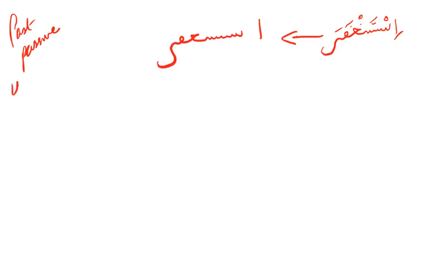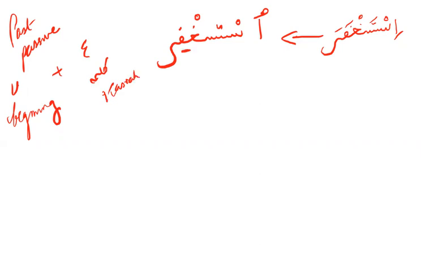So we have the U beginning, and we put a dhamma. The jazm will remain the same, all the jazms will remain the same. And the an kalma will have a kasra. What is the an kalma here? Fa.